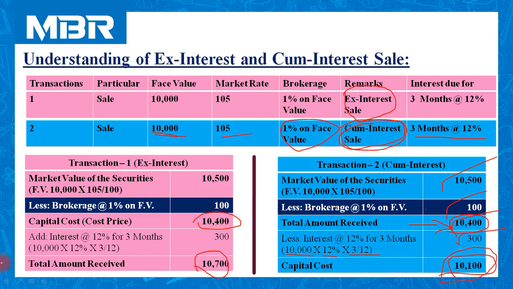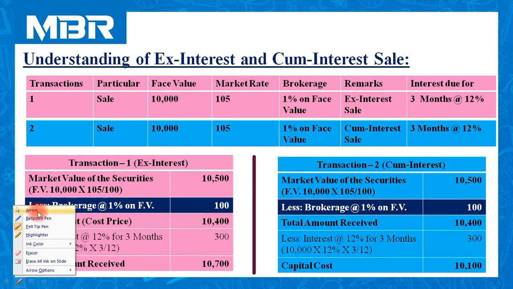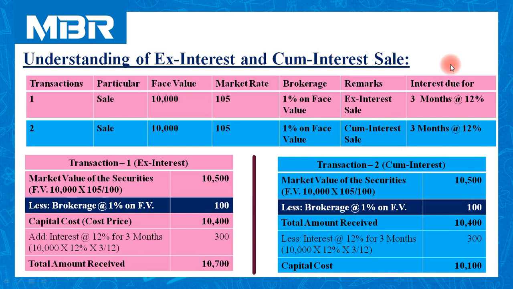X means interest is extra, and cum means interest is also included in our price. So we need to take care of these things very clearly. If you are clear for both the varieties of purchase, X interest and cum interest, and both the varieties of sell, X interest and cum interest, there is nothing new in the chapter.